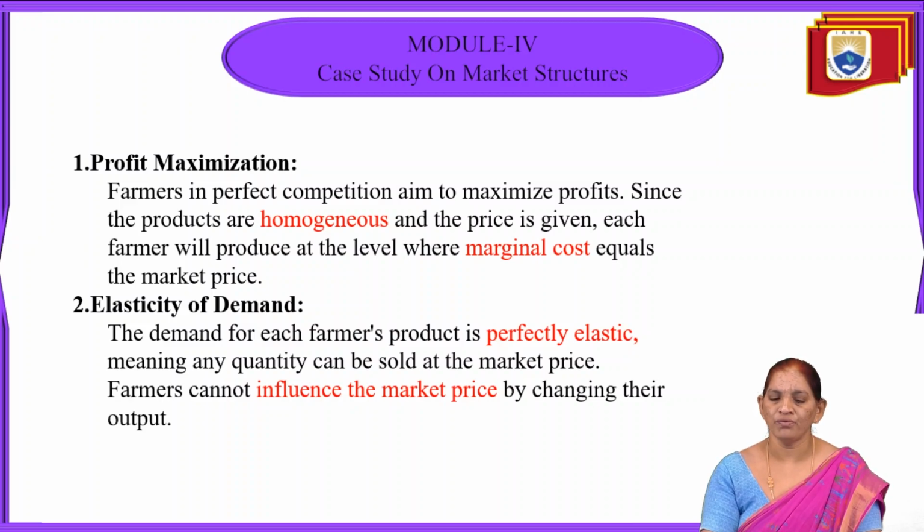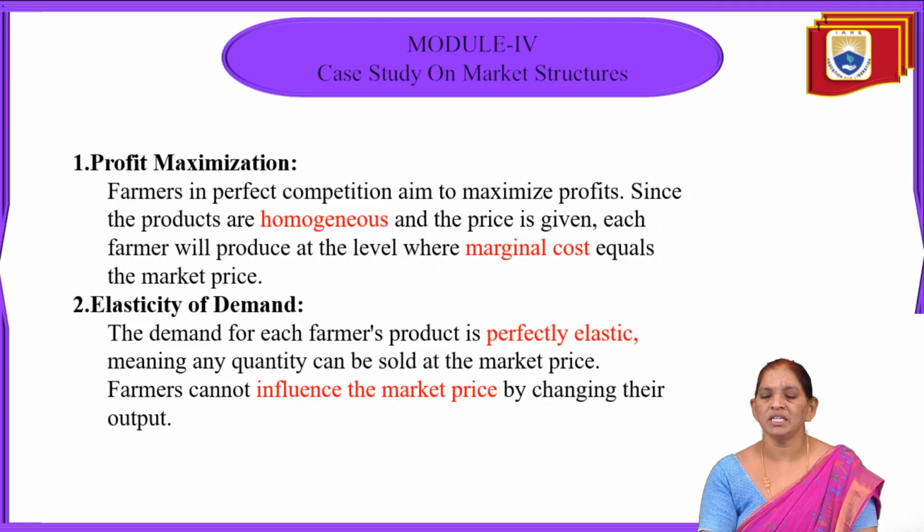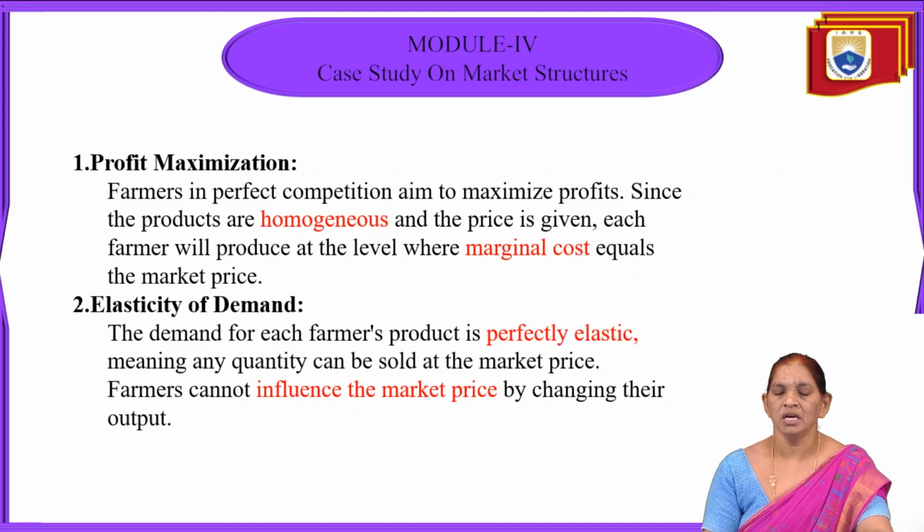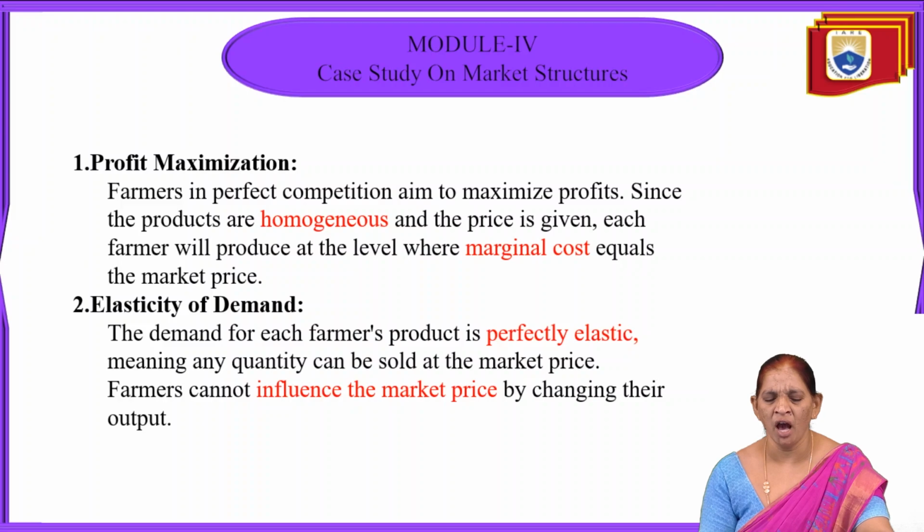And elasticity of demand: as the demand for each farmer's produce is perfectly elastic, any quantity can be sold at the market price, and the farmers cannot influence the market price by changing their output. It means the elasticity of demand is perfect here; at the market price where the farmer wants to sell, he cannot influence the market price even if he changes the output.